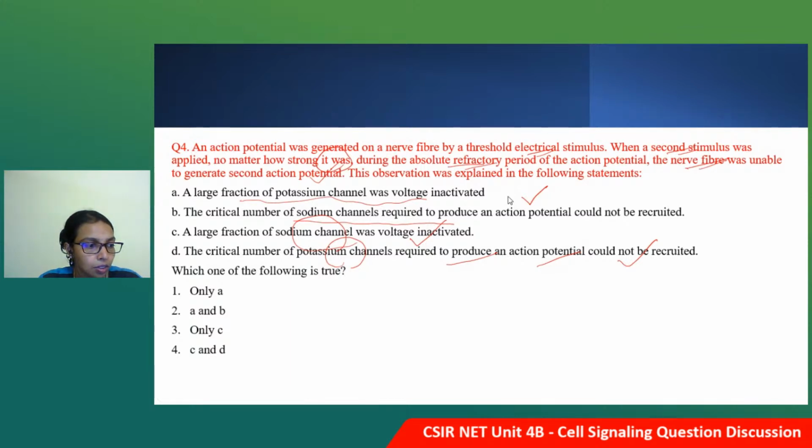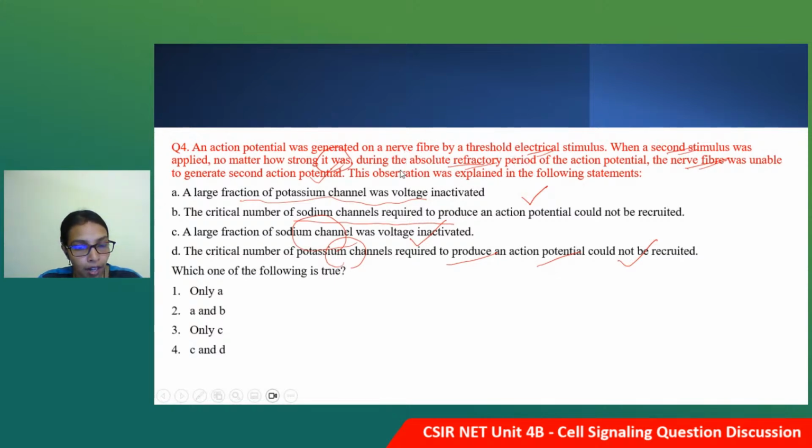That's it. Anyone else would like to give a try to this question? What do you mean by absolute refractory period, and where does it come? Can anyone tell that?